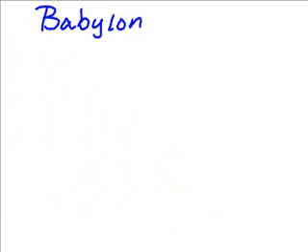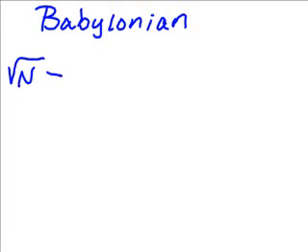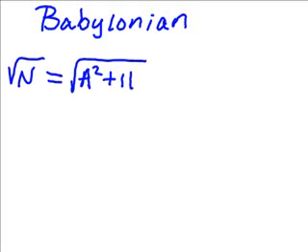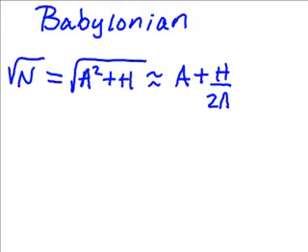So the Babylonian formula is the square root of n, which can be written as some number squared plus another number, is approximately equal to a plus h over 2a minus h squared over 8a cubed.